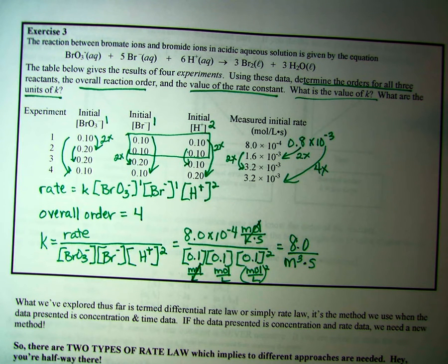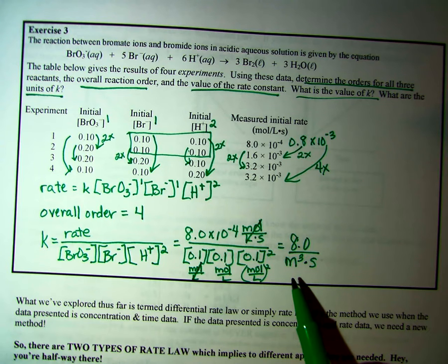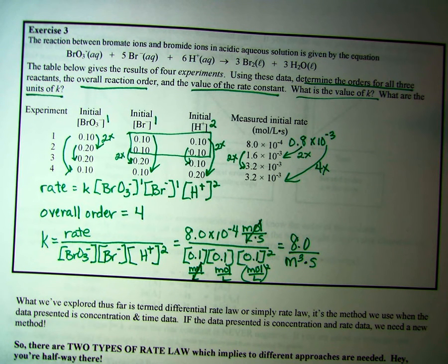Y'all get it? Whatever your overall order is, your unit is going to be 1 less than that. So if you have 4, take 1 finger away, you got 3. If it's 6, for your overall order, take 1 away, you got 5. So it's going to be molarity to the 5th. Okay? So don't make it complicated on yourself. All right. That is the end of our notes for today.